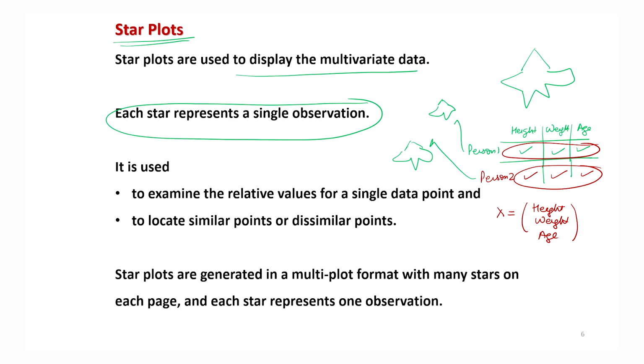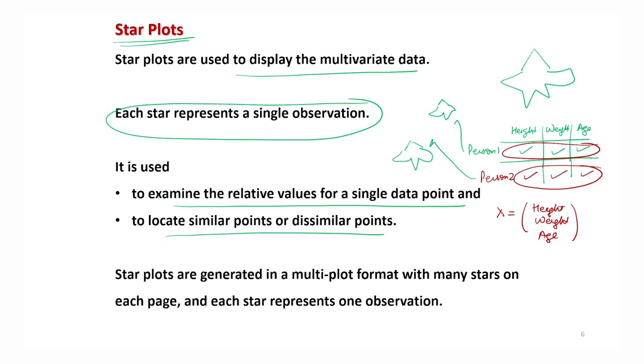And this type of plot is used to examine the relative values of a single data point and to locate similar or dissimilar points. You can think that when you have multivariate data, the nature of the data depends on different types of values. And when you try to inspect it, thinking about different values, it is very difficult to conclude what we really want to do.